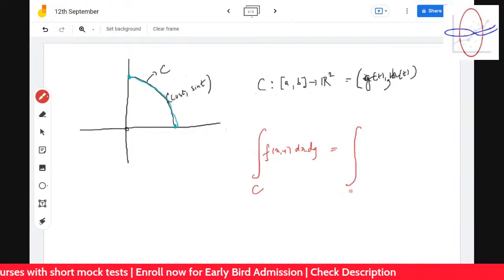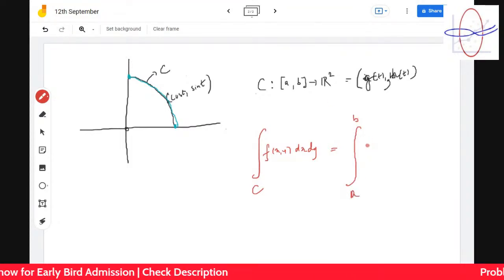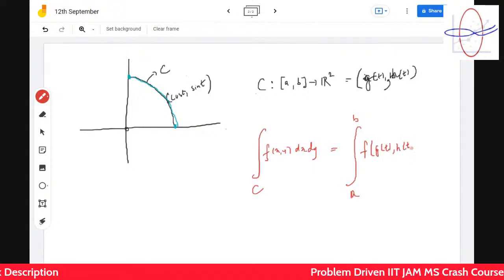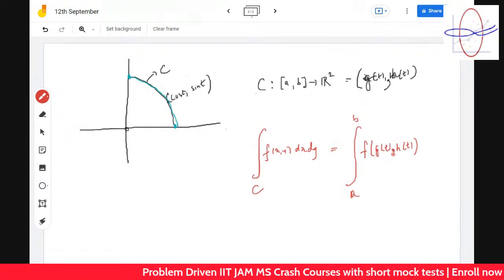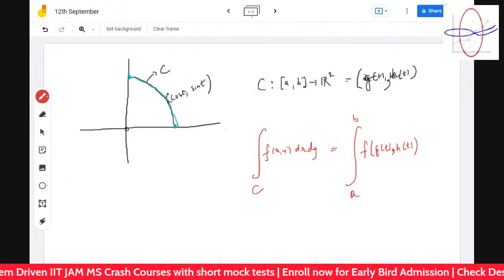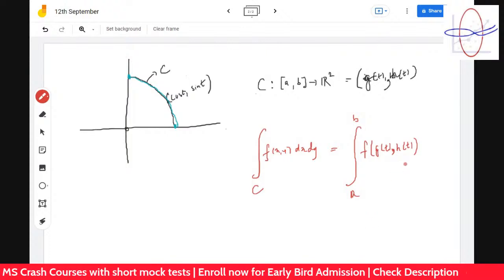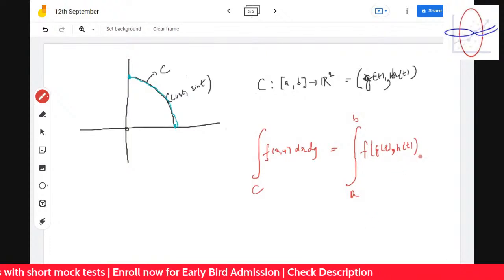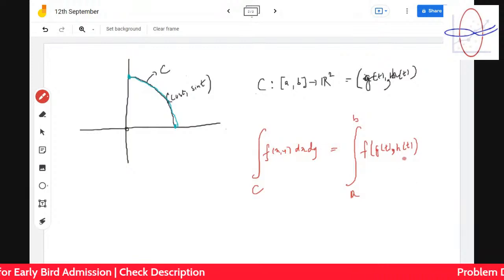It comes out to be the integral over t going from a to b of f of g(t) comma h(t) times the derivative of something. You have to change dx dy into something times dt, and I will prove why it is that way.